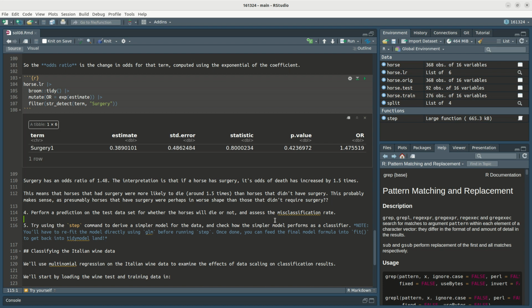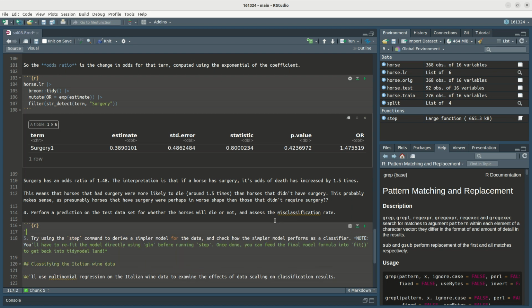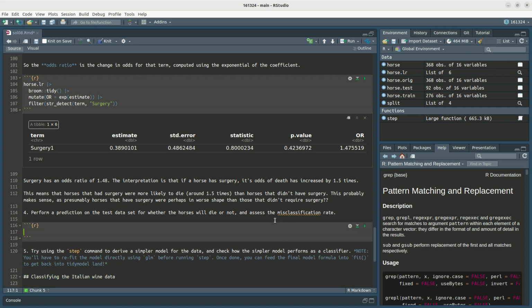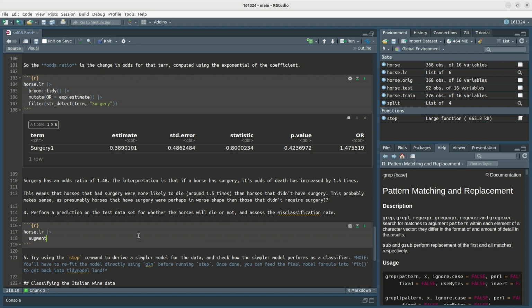Who knows? Now we can have a look at the predictive performance on our test set. We've got our model here, and we could then augment with our training data.